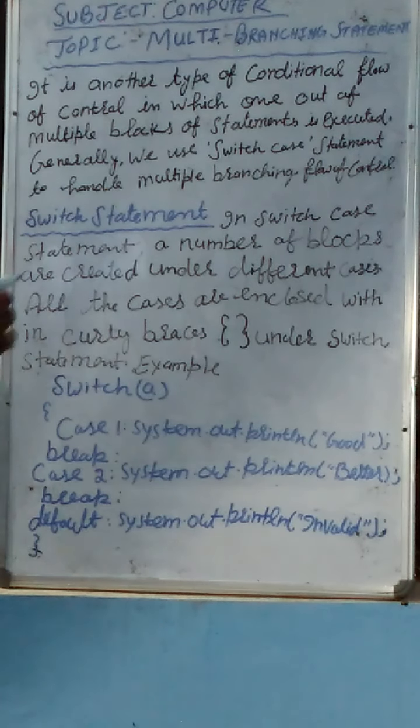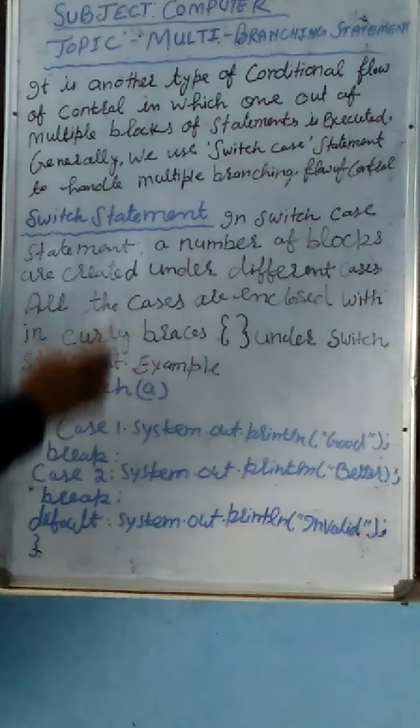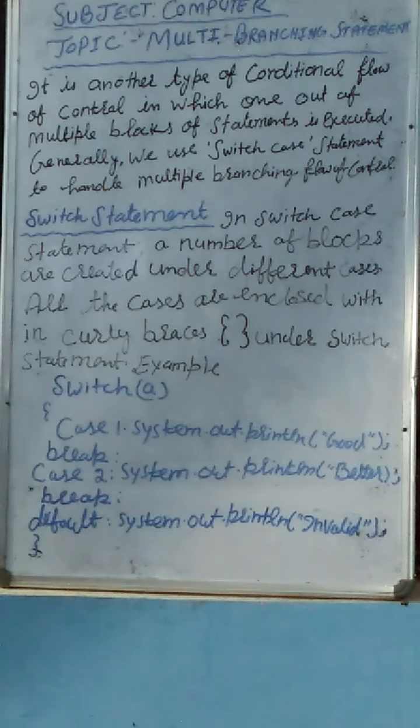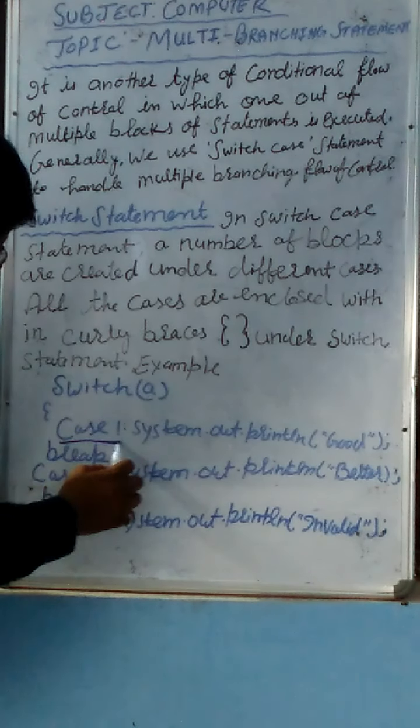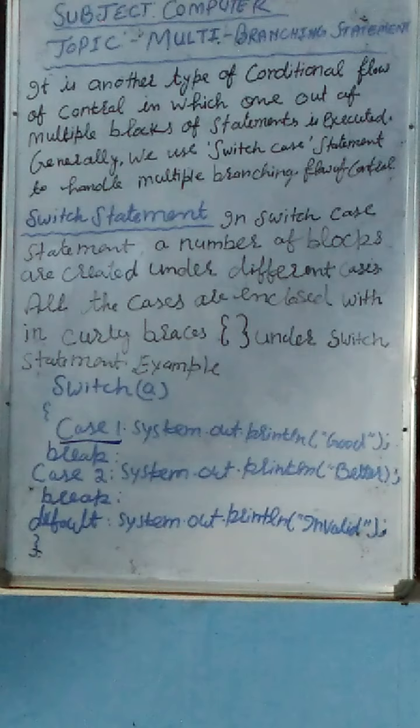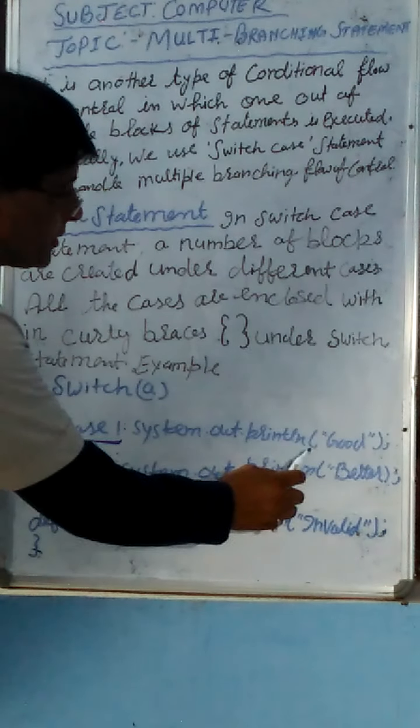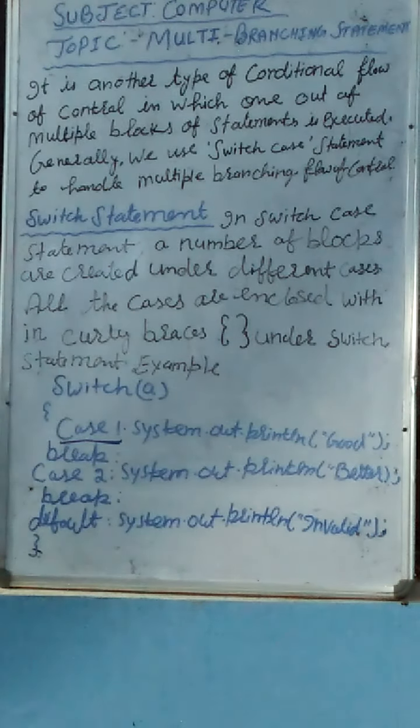Example, switch A, we are defining here a variable A. Suppose the value of A is 1, then it will follow case number 1. System.out.print good means it will print good if it is case 1, and then it will be break, so the program will break after one case.